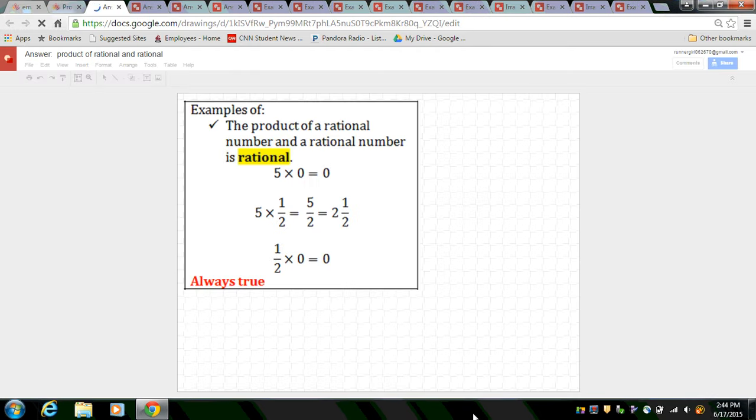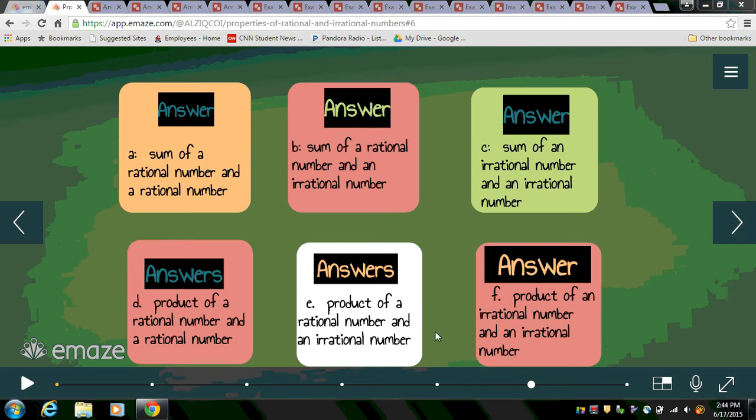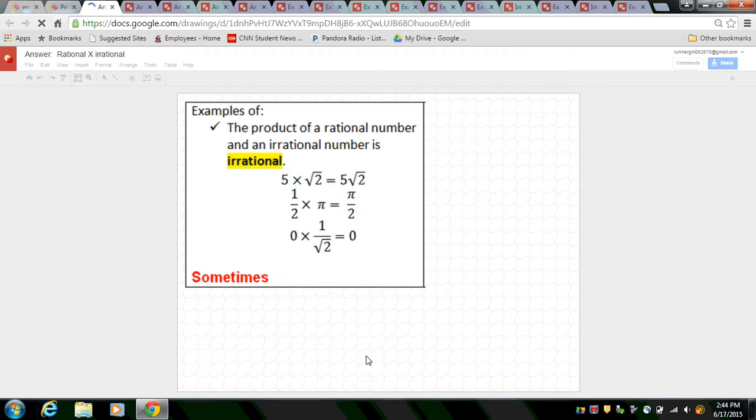When you multiply a rational number and another rational number, it will always be a rational answer. When you multiply a rational number and an irrational number, is it always irrational? No. 5 times the square root of 2 is 5 times the square root of 2. That is irrational. 1/2 times pi is pi over 2.